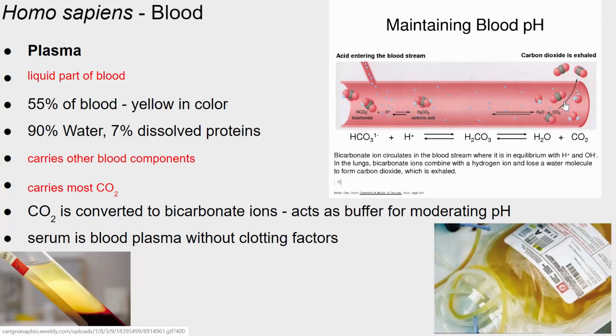So we know that our blood helps to take carbon dioxide from our cells and remove it in our lungs. Most of that carbon dioxide is dissolved in the plasma of the blood. It also acts as a buffer, keeping the blood pH regulated, maintaining homeostasis.